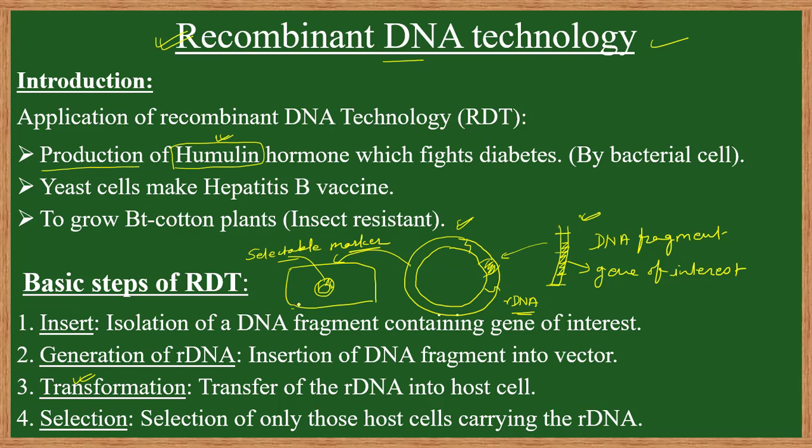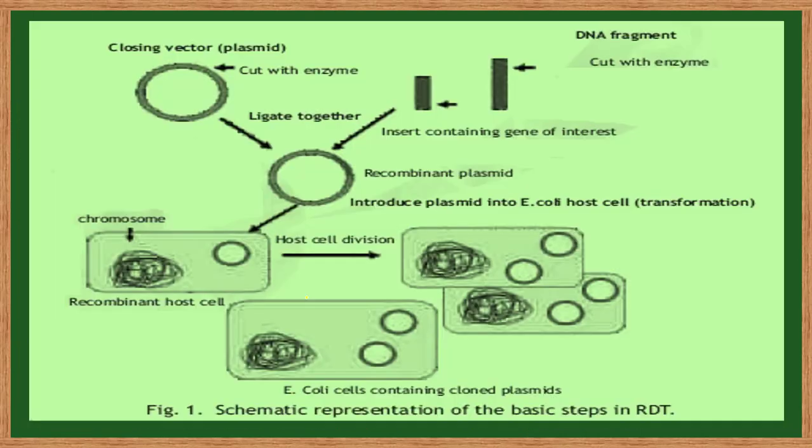Again I will explain. First is isolation of the DNA fragment which has the gene of interest, then we form rDNA, then we introduce this rDNA into the host cell, and then we identify which cells have rDNA. Here is the diagram.